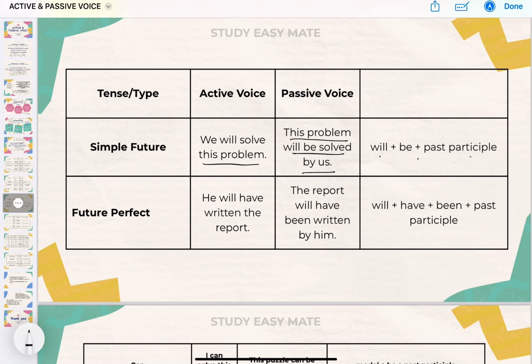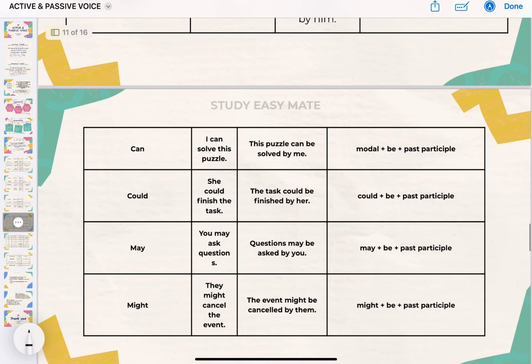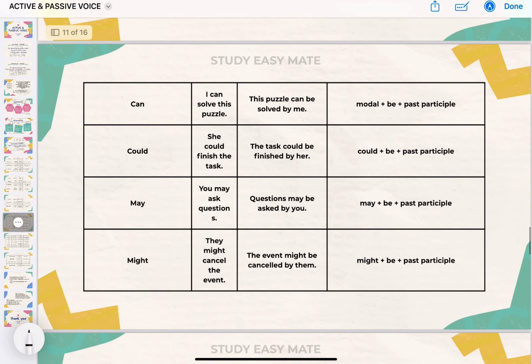Will plus be plus past participle will be the answer. For future perfect, "he will have written the report": "the report will have been written by him." Will plus have plus been plus past participle. So remember all these sentences. There would be different kinds of models which you can use for solving these kinds of questions.